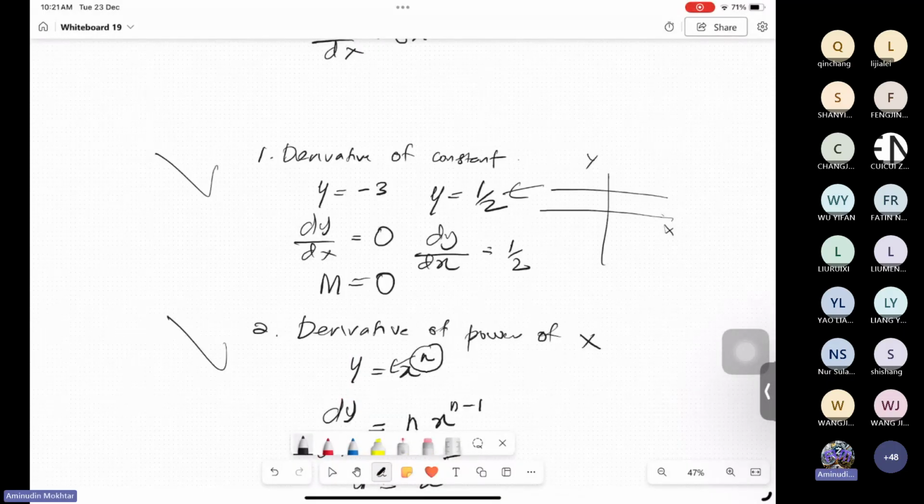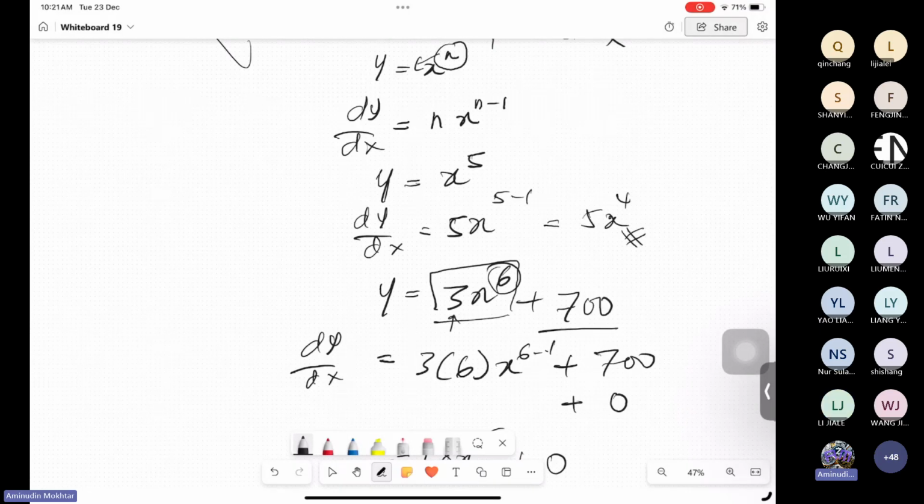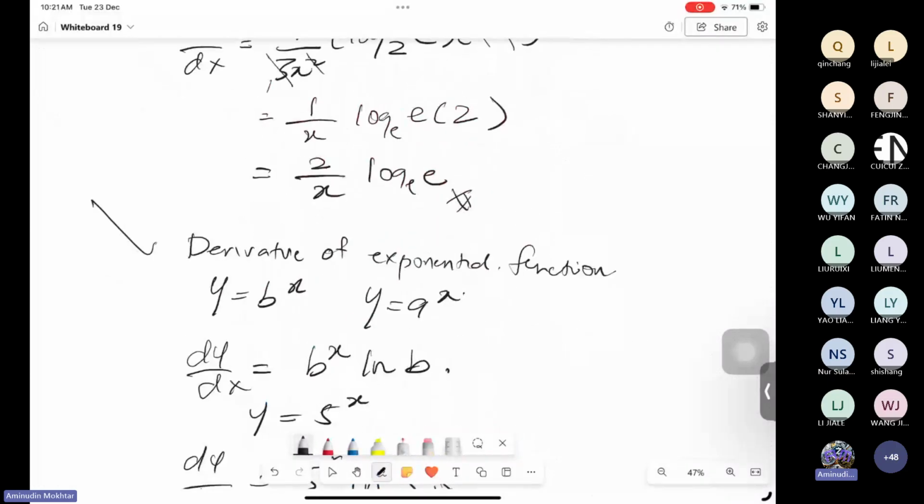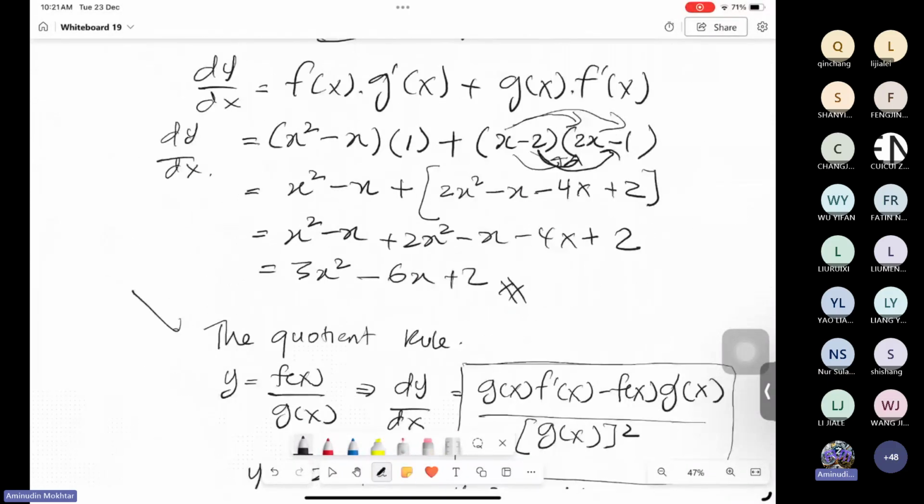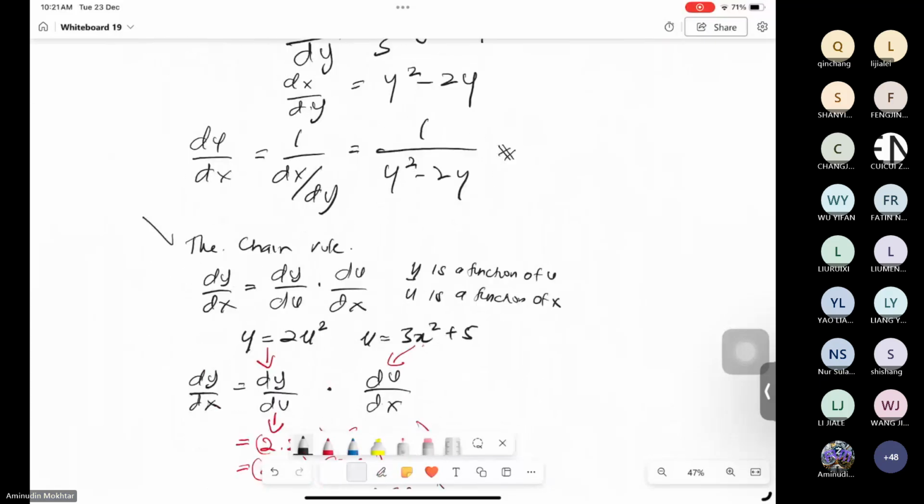It's about 8 or 9 rules of the derivative that you must know for this class. Those are the rules of the theory of the derivative.